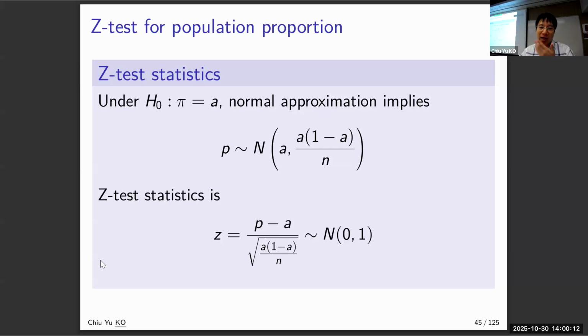And if n is large enough, then this is a binomial related distribution, and we can approximate by normal. One of the key things to look at is that when this is A, the variance is known.